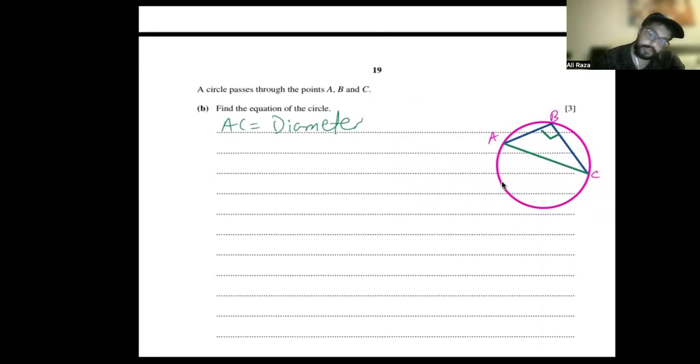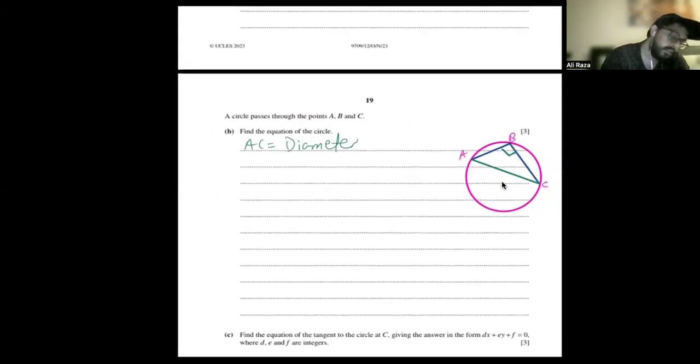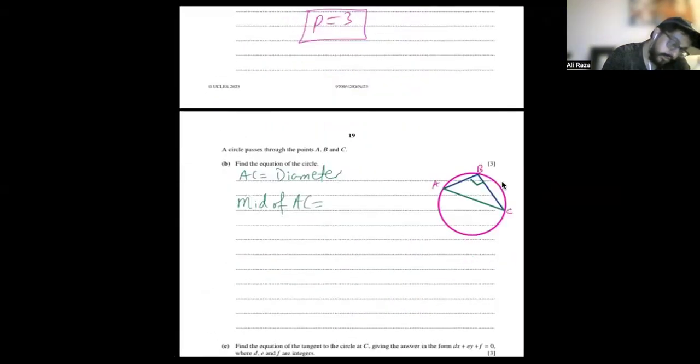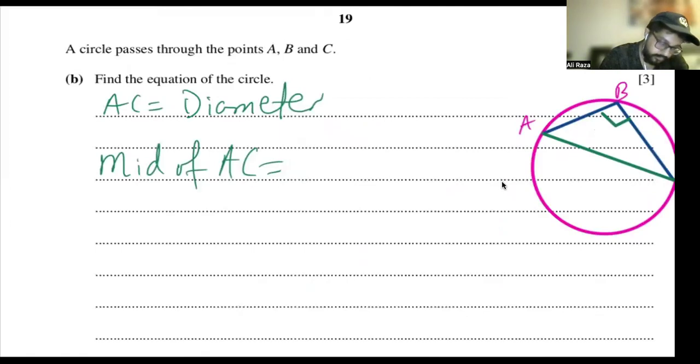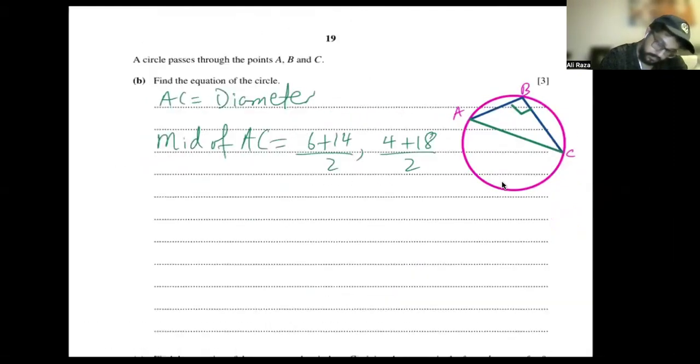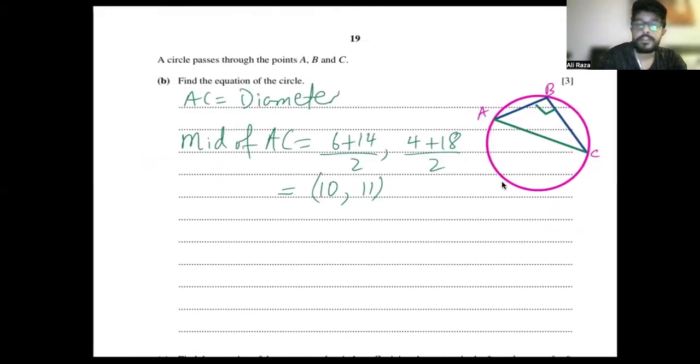So the midpoint of AC would be the center of the circle. Six, 4, and 14, 18. The midpoint comes out to be 10, 11, which is the center of the circle.